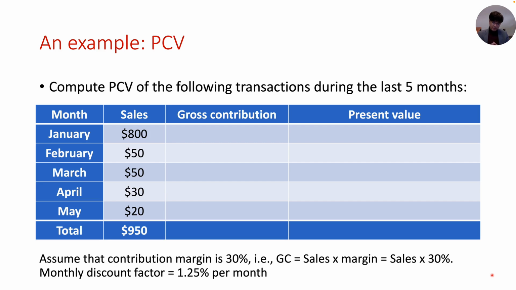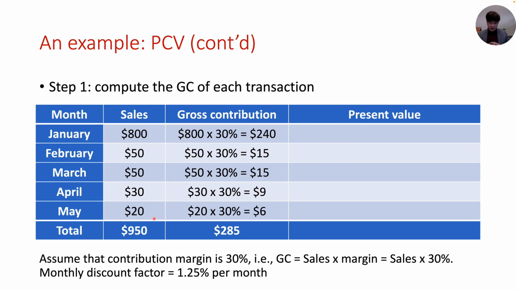Here is an example of PCV computation. Here is a 5-month history of past sales from a customer. Suppose that we are at the end of May. The first step is to compute the gross contributions. Here, we don't have information about costs, so we cannot compute the exact profit from the sales in each month.